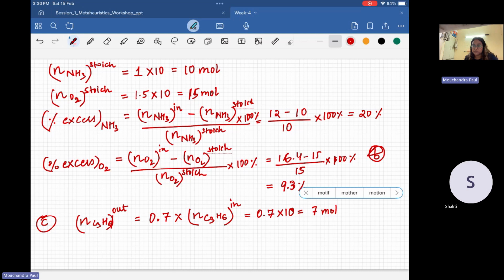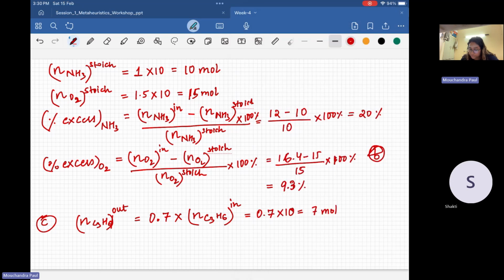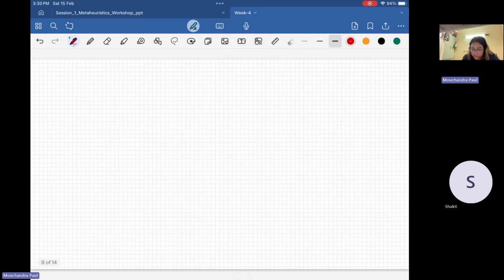Now, we have to also understand this for the other constituents, right? So how will we do that? Before I start explaining how we do that, let me talk quickly about this expression, which involves a parameter called the extent of reaction, represented by xi.